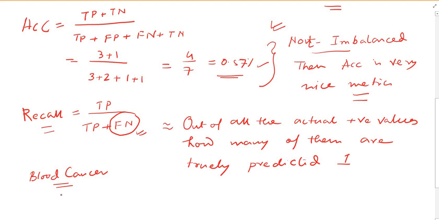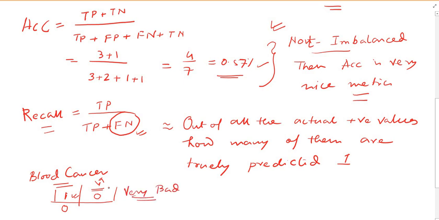Two scenarios are possible. One, person might have a blood cancer and person does not have a blood cancer. This is the actual value. And Y hat can be two things, right? Either when the person is actually having a blood cancer, and if you denote it, no, person does not have blood cancer. This is very bad. This is a very, very bad scenario.